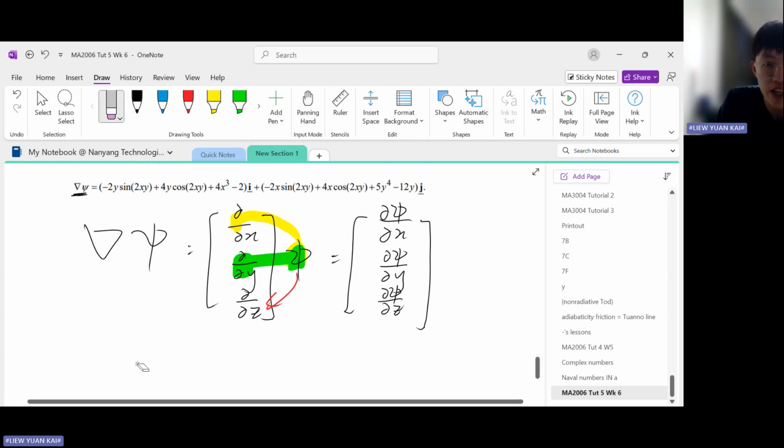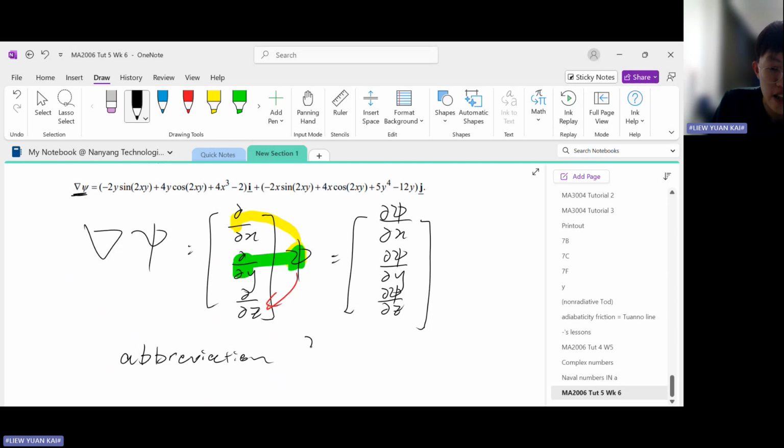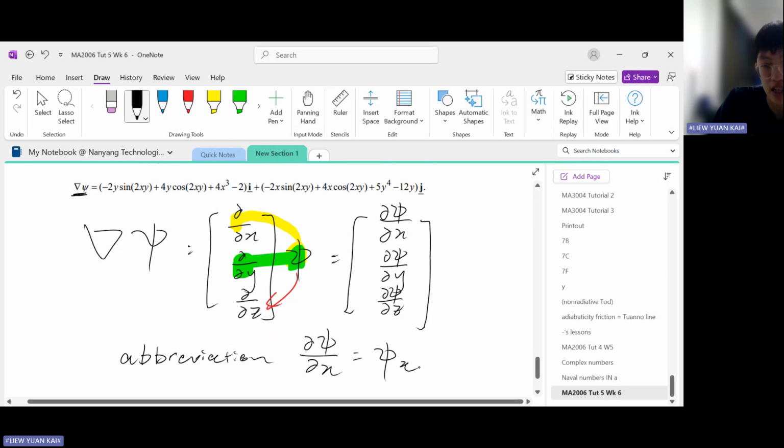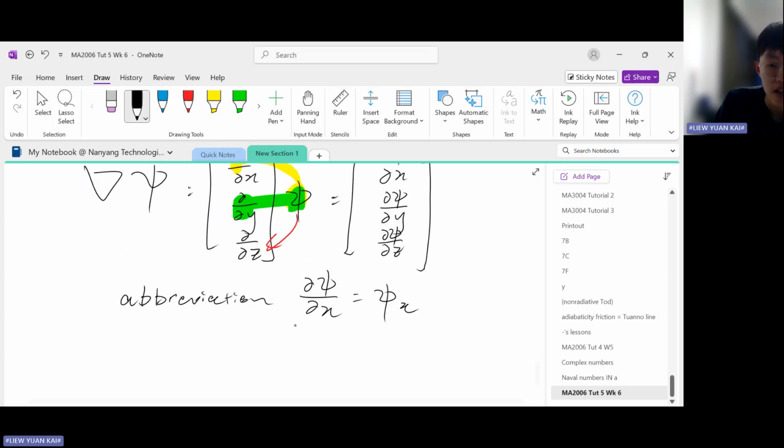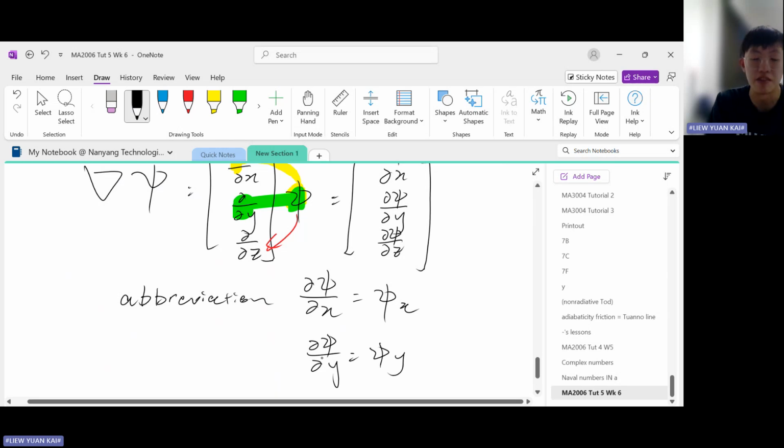So people do an abbreviation. Abbreviation means the short form or the shorthand. Just to make it short, they denote the partial derivative with respect to x like this: psi with a subscript x. Likewise, the partial derivative with respect to y is psi with a subscript y.